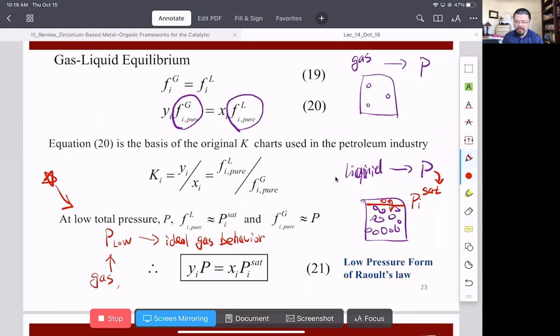If we return to the ideal gas region, then the fugacity should be replaced by the partial pressure. And if this is a pure substance, there's only one component, so the fugacity of the pure substance should be the total pressure of that system. Okay, so this is the first equation we have.